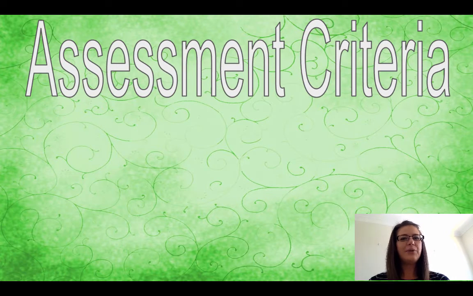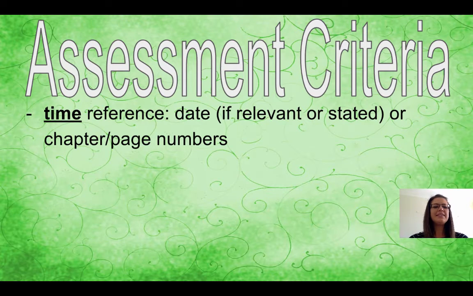This is going to give you a bit of an idea of what each of your entries to your timeline will need to include. Some kind of time reference. So your book or novel that you're reading might include dates, and you can show the particular date that it is from your novel. But a lot of them that we have don't have a date necessarily on them.